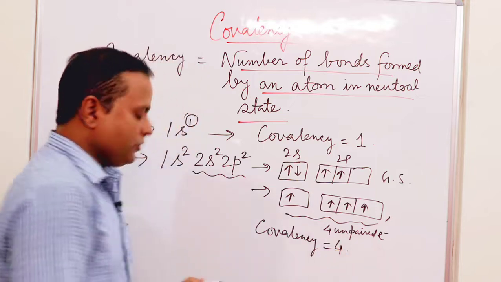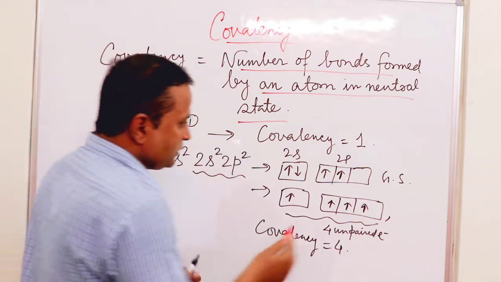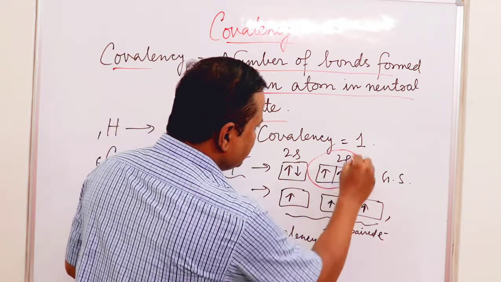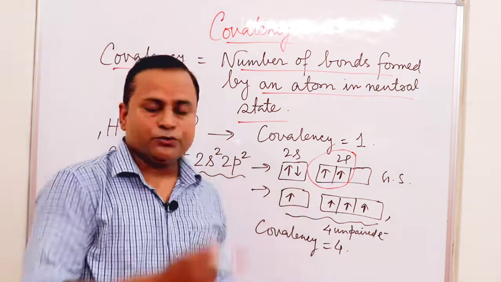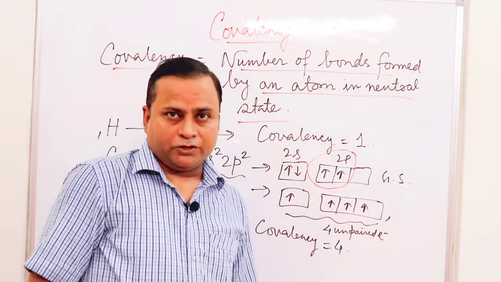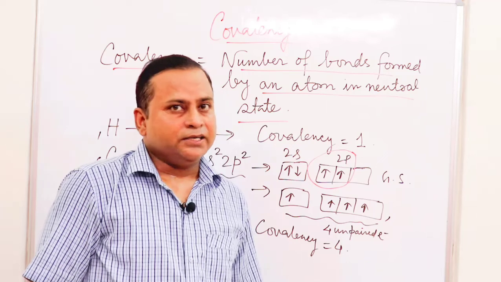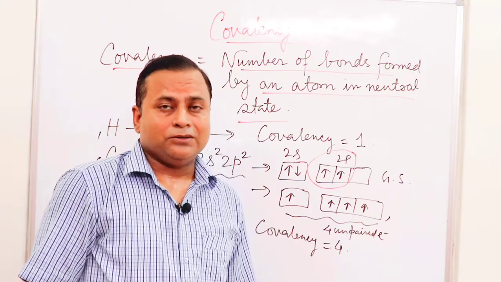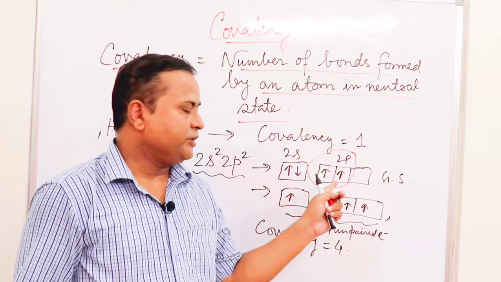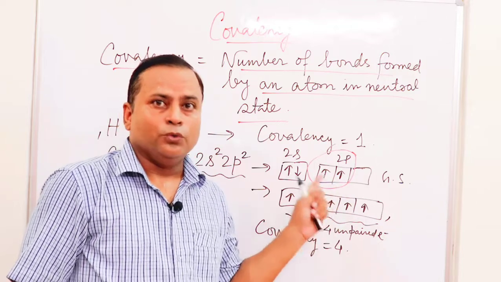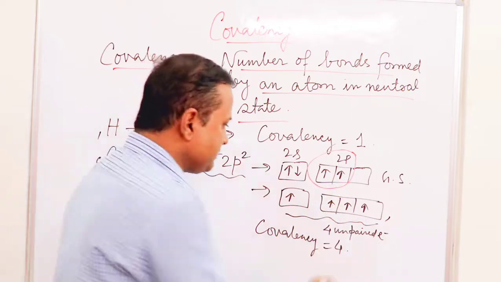So that means covalency of carbon is 4. Now you can ask, sir, why not covalency of carbon is 2? It is having 2 unpaired electrons. Actually, if we take 2 unpaired electrons in case of carbon, it is found that it does not obey the octet theory. So that's why we have to take covalency of carbon as 4.